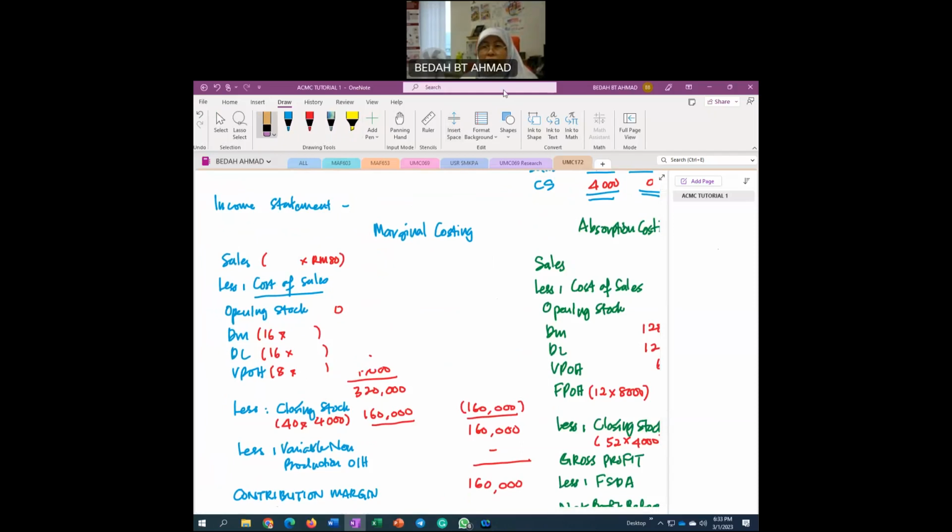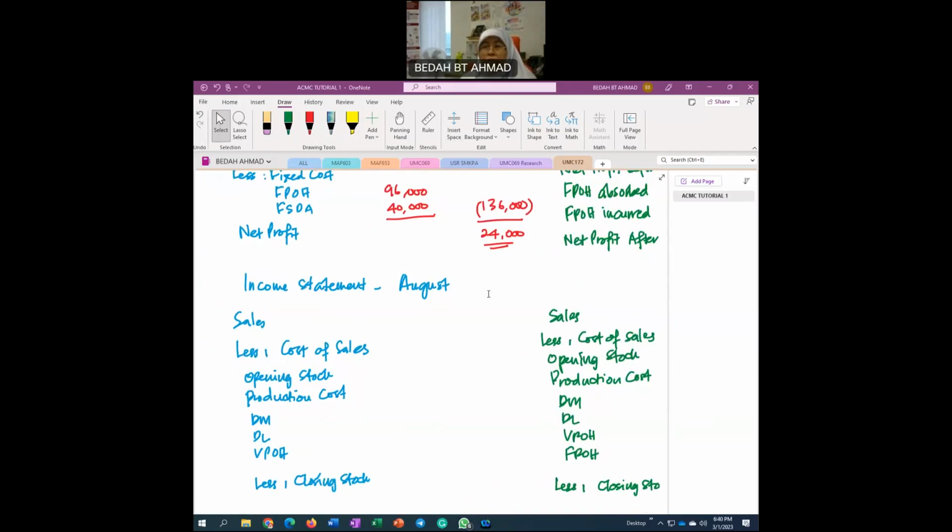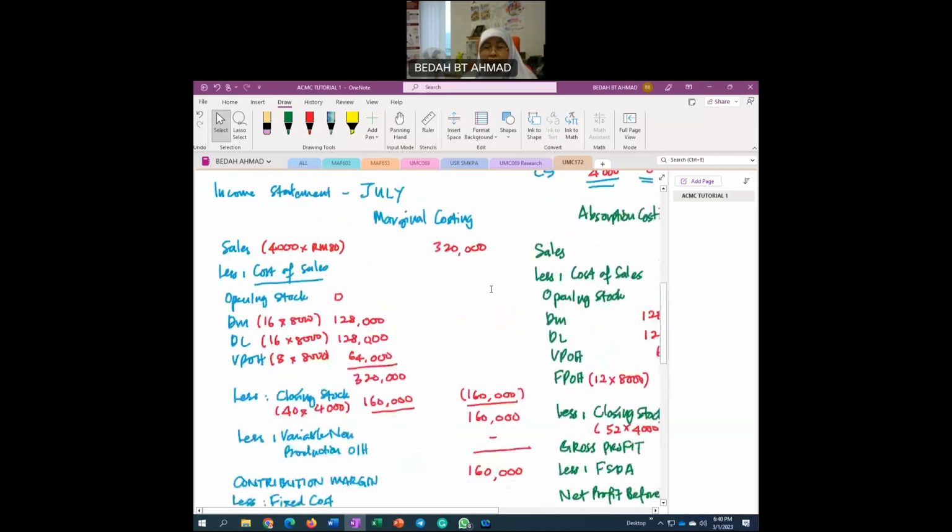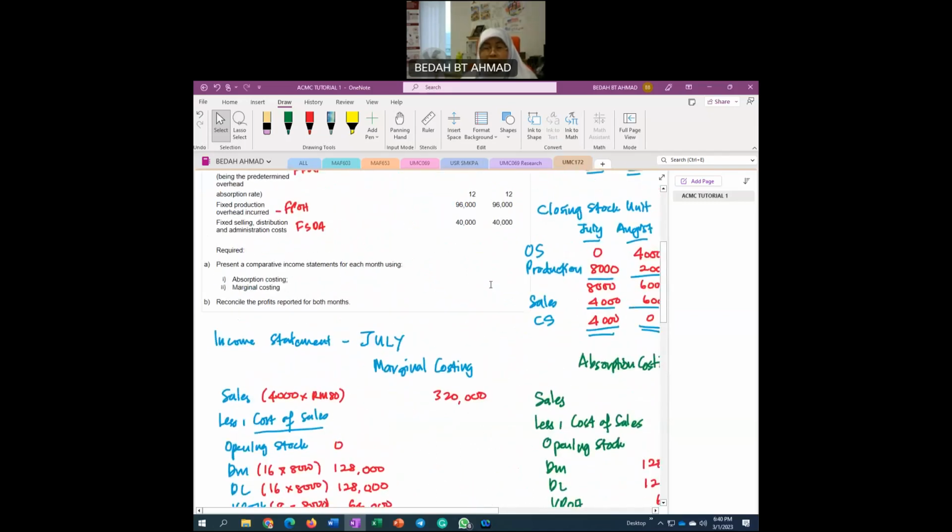Let me pause the recording while I'm preparing. Okay, now we continue on the income statement to prepare the comparative income statement for the month of August, using both marginal costing and absorption costing.